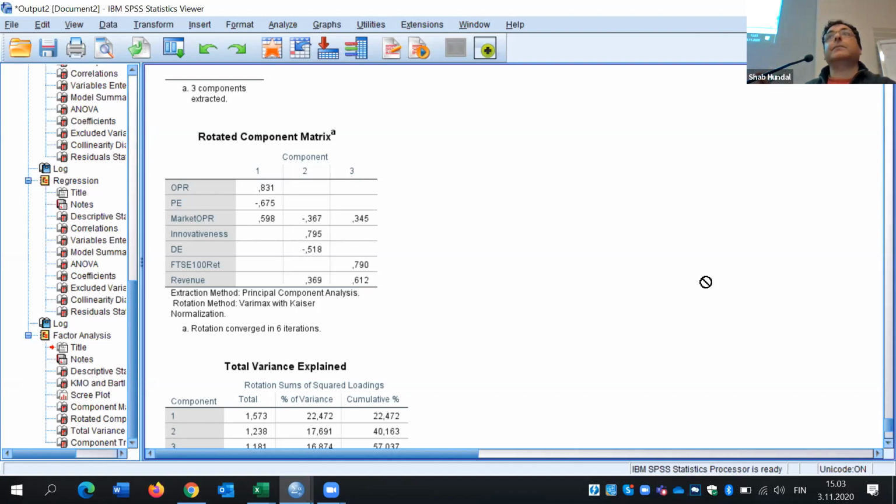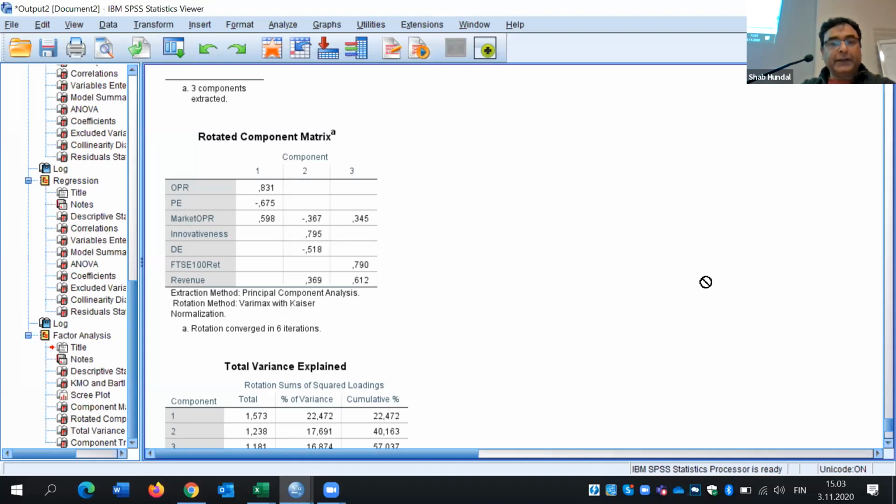All right. So out of how many variables did we have in the beginning? 7. 7 independent variables: 1, 2, 3, 4, 5, 6, 7. And how many do we have now? We have 5 variables. Do we have 5 variables actually? We have OPR and PE representing the first construct.